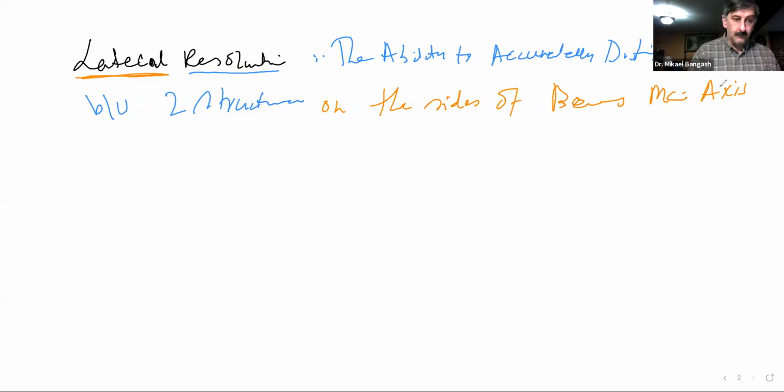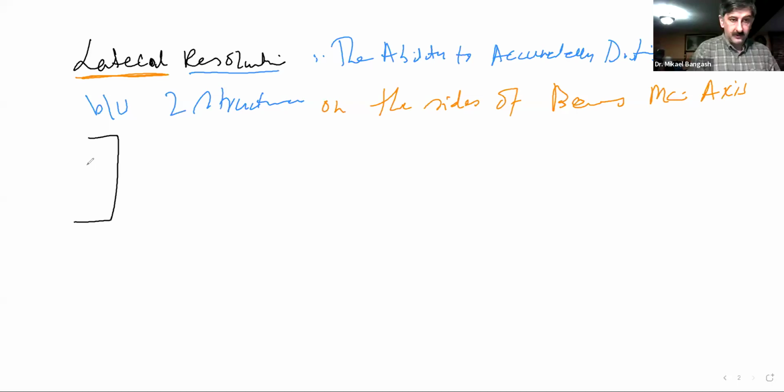So what would that mean? If you have a transducer, and guys, for lateral resolution, whenever I draw the beam, just assume you're looking at the beam from above. So the beam is running down here, and we are looking at it from above.